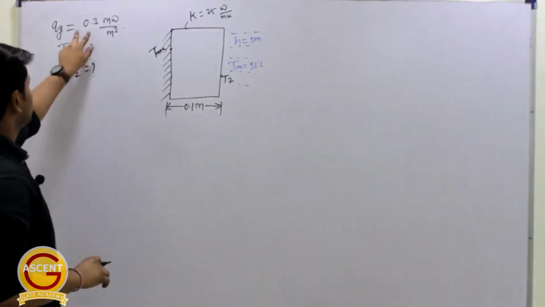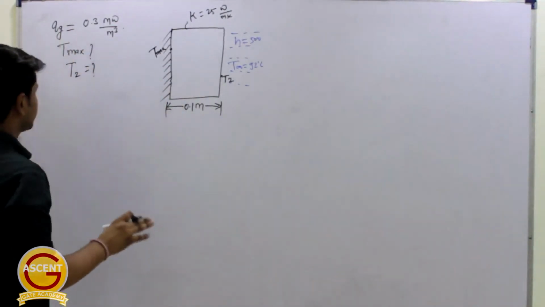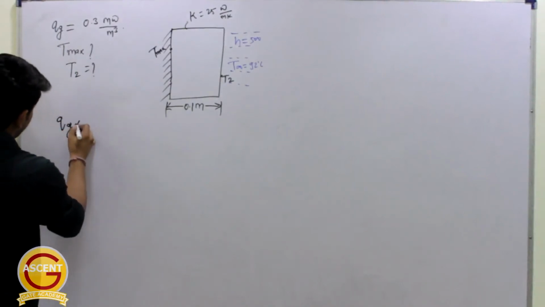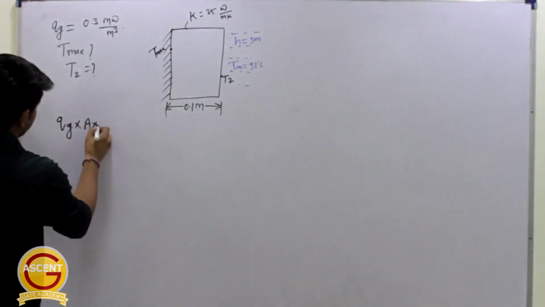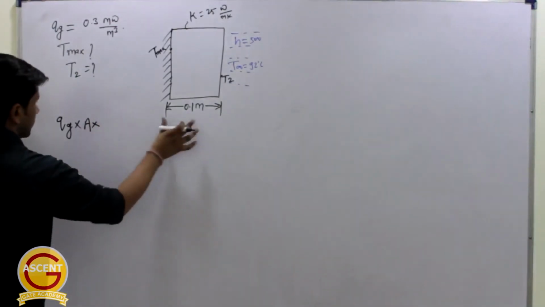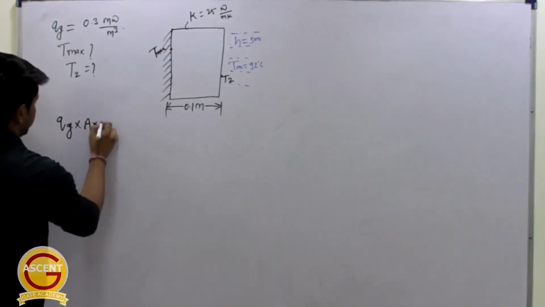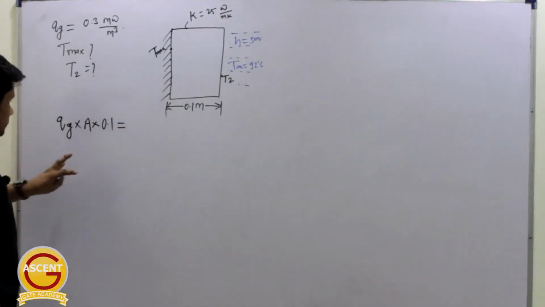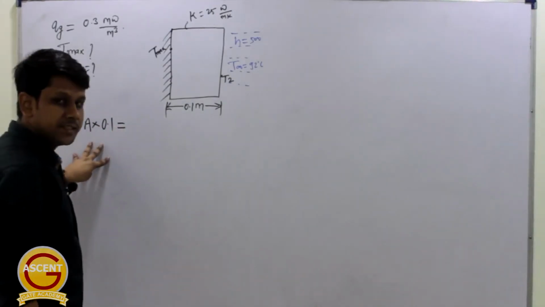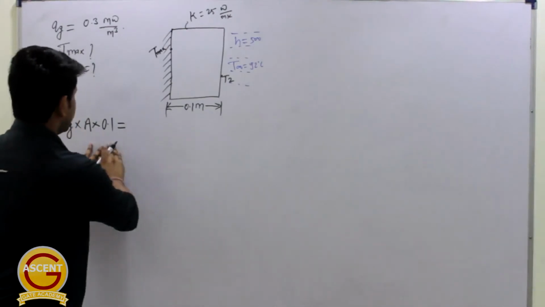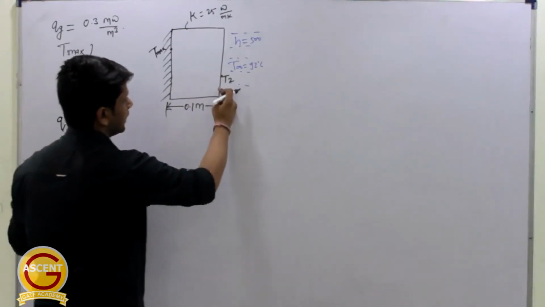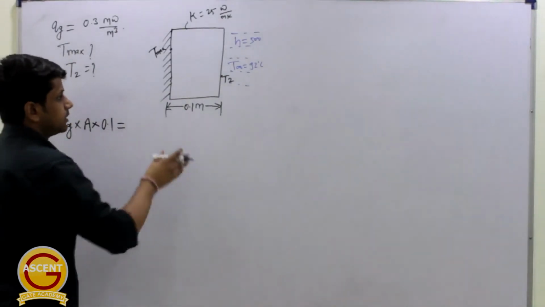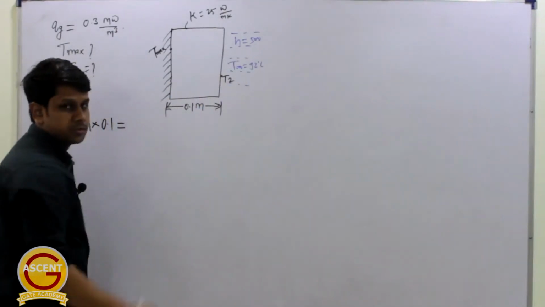Now what will be the amount of heat generated, the total heat generated in this plain slab? It will be equal to 0.3 into volume, right? So total heat generated will be Qg into area into the length, or the thickness, of this plain slab, which is 0.1, correct? Now this is the amount of heat generated and this must be dissipated from the right end of this plain slab, and that heat should be carried to this fluid also, right?